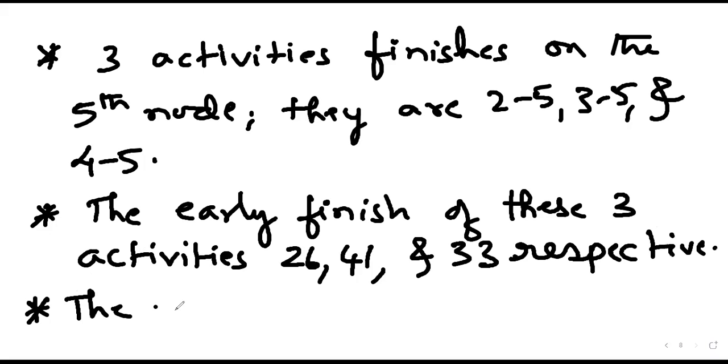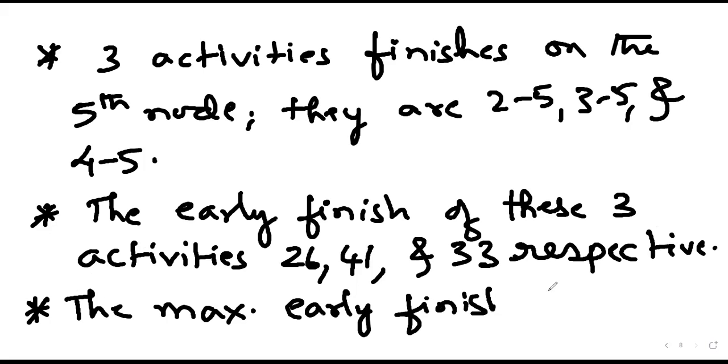So the maximum early finish value is equal to 41. Therefore, the early start for any of the activities that start from the 5th node is equal to 41.